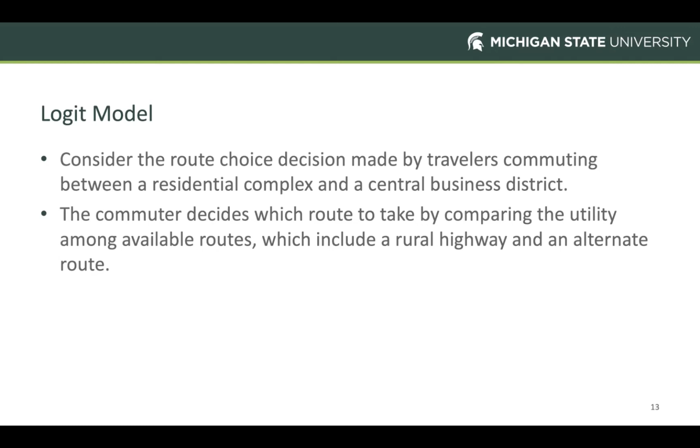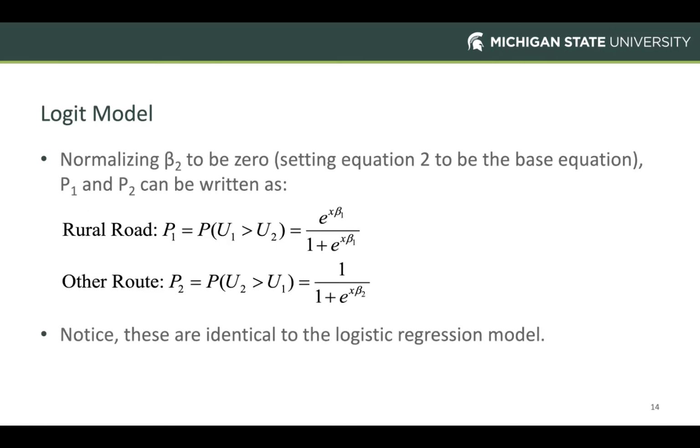And so we talked about 3 routes in that example, but we can start with just the 2-route alternative. And so let's assume those individuals have the choice of taking either a rural highway or some alternate route that's available to them. And so what we do in this consequence then is we can specify a utility function for the rural road and for the other road.